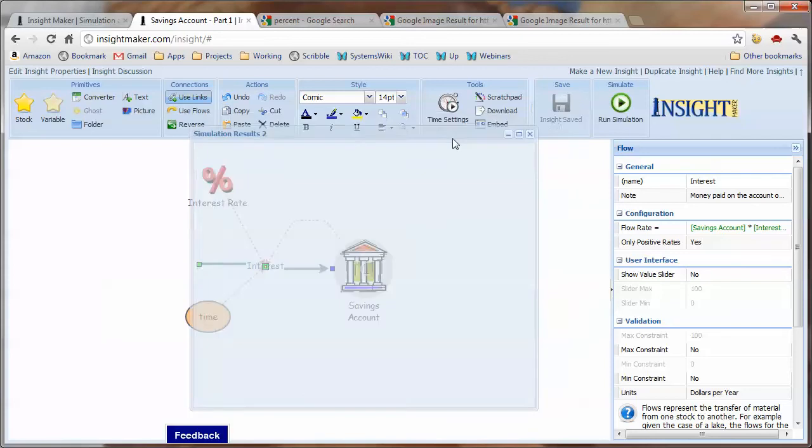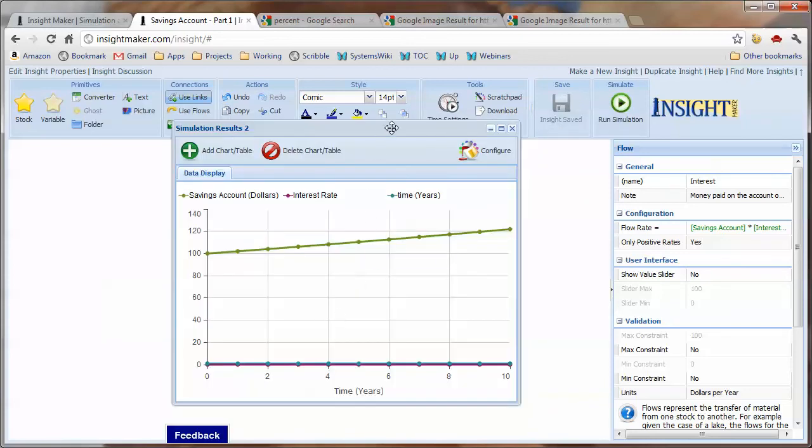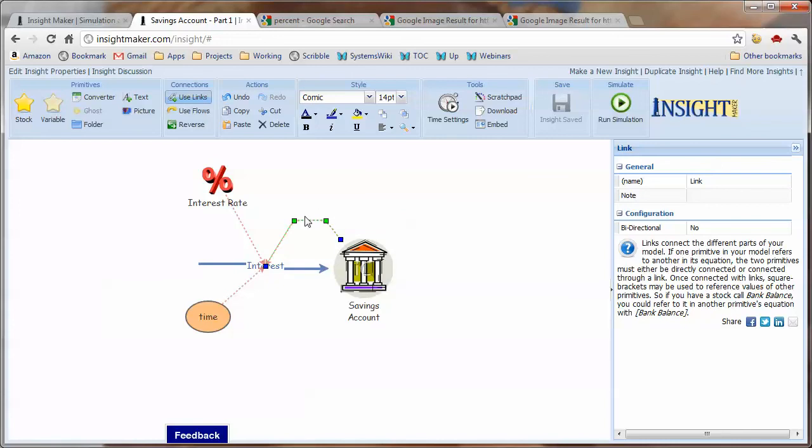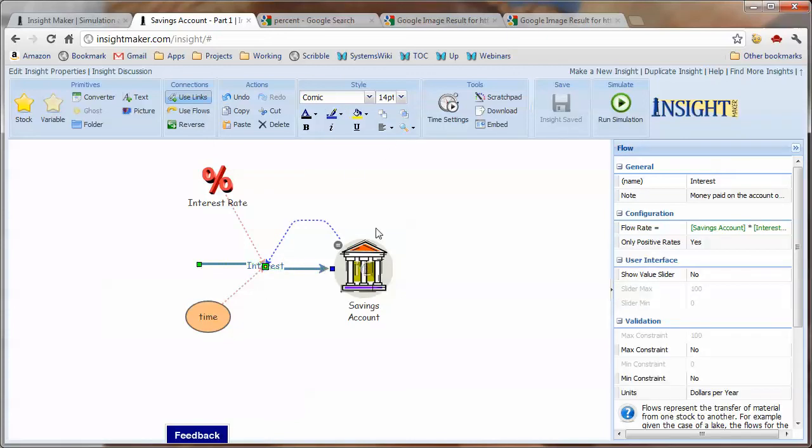So one more portion of this is that where I talked in the bathtub about the structure creating a balancing structure, this in fact creates a reinforcing structure, where as the savings account increases, the interest increases, so that this is actually increasing, and this interest actually increases the savings account, so this is increasing also.